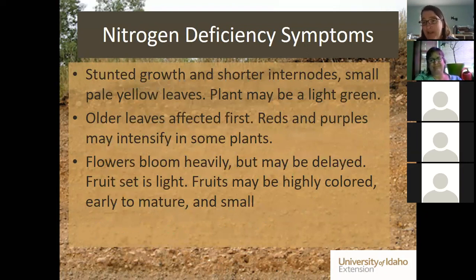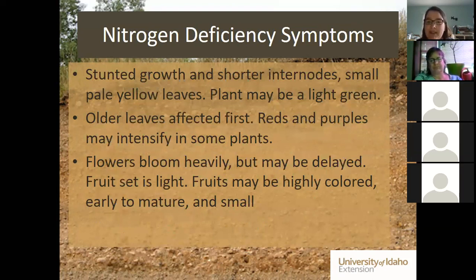Usually a nursery plant will have plenty of fertilizer in the potting soil. Sometimes it can be hard to tell nitrogen deficiency because these are general symptoms of the plant not doing well. Older leaves are generally affected first, because the plant will take the nitrogen out of the older leaves to support new growth. Reds and purples can intensify in plants that have nitrogen deficiencies.